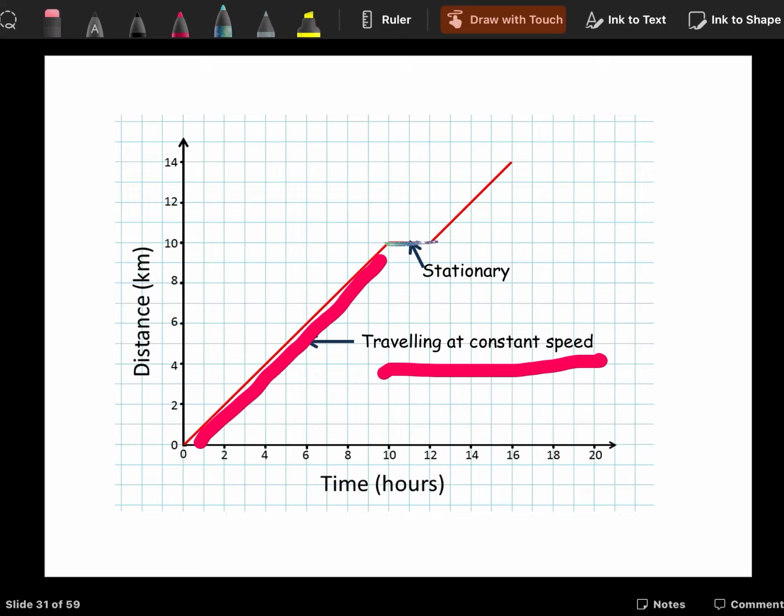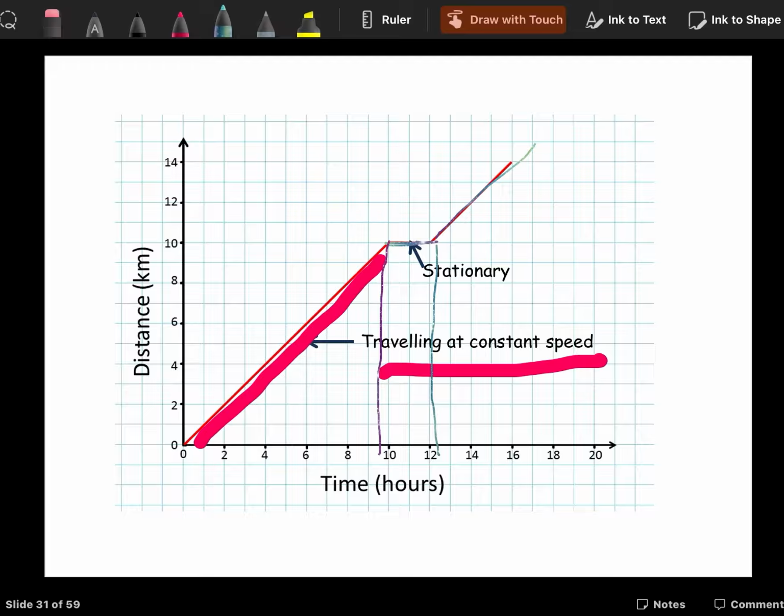So for this time interval, you can read along the x-axis from maybe 9 to 12.2. We can say this object is not moving from the graph, and this straight line shows it's moving with constant speed.